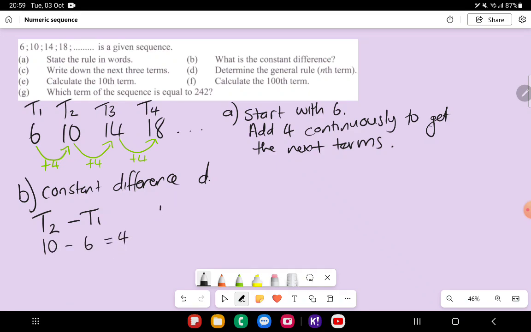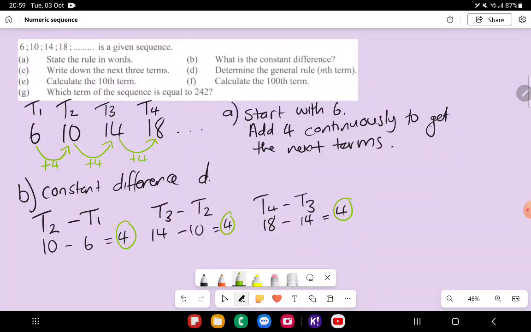Then term 3 minus term 2. That's going to be 14 minus 10 gives you 4. Then term 4 minus term 3. That's going to be 18 minus 14 gives you 4. This amount here is positive 4 because you add 4 from one term to the other.